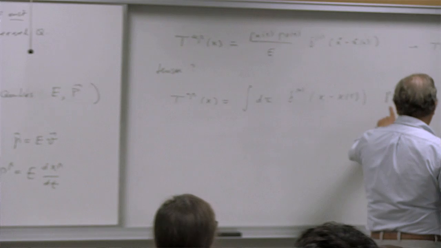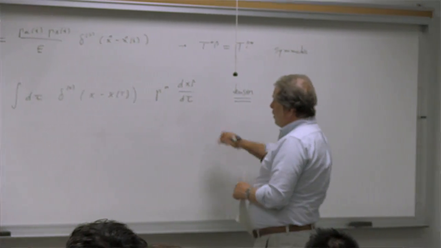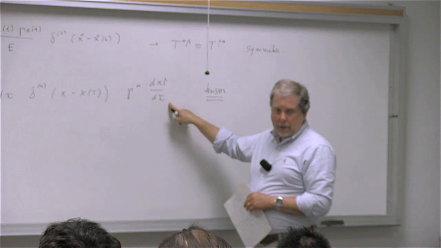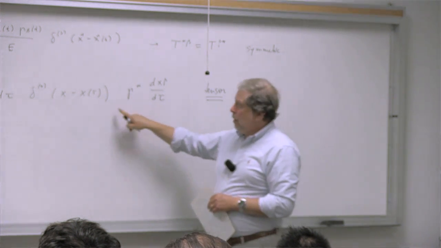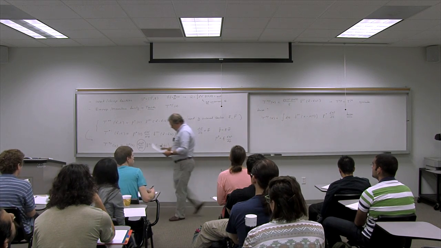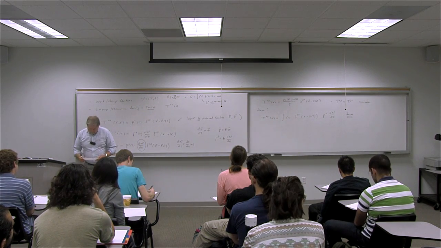So that is okay because this is a 4 vector. Why is this a 4 vector? Well, because the derivative with respect to the proper time, which is an invariant, behaves nicely, and so everything is done. So that concludes the proof, right?